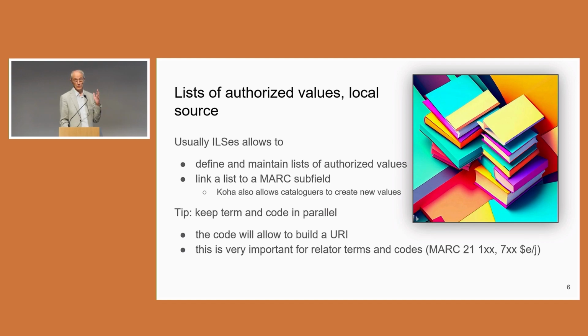And also, a very important possibility: Koha also allows you to create new values while cataloging. This is very important to keep terms and codes in parallel. Always, if you use a subfield code, for instance, relator code, always use the relator term and vice versa. The code will allow you to build a URI, because even if MARC 21 or UNIMARC doesn't define a subfield for the URI.